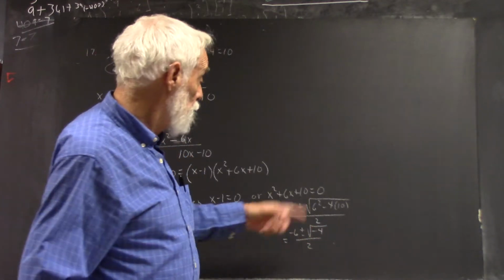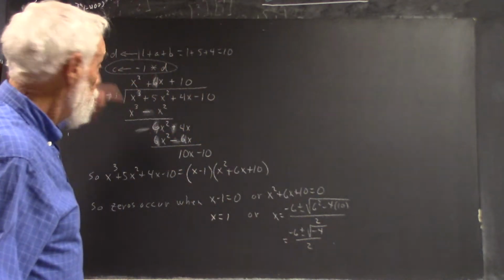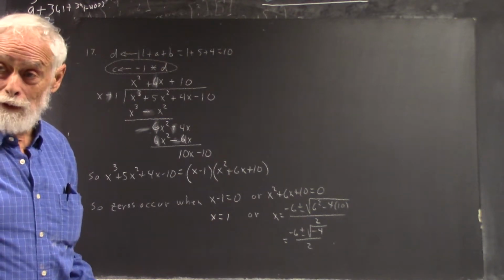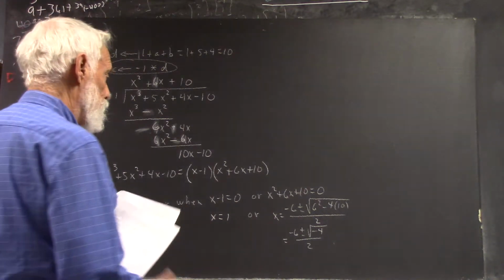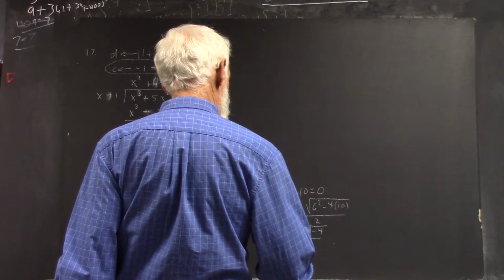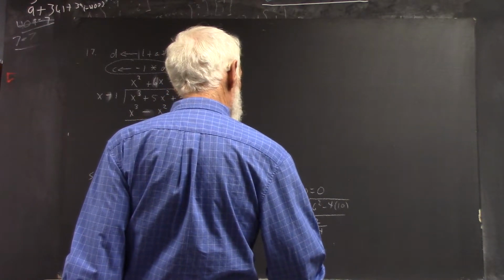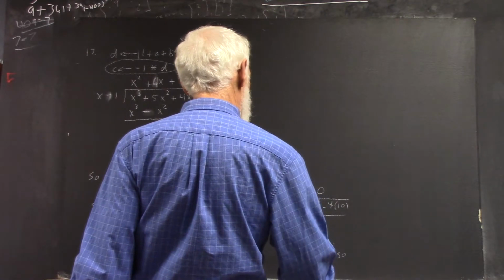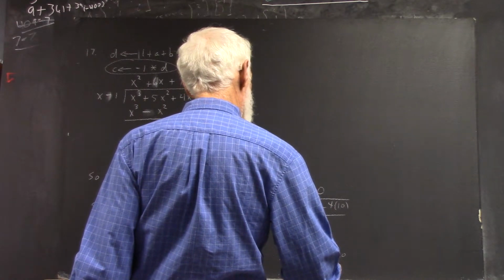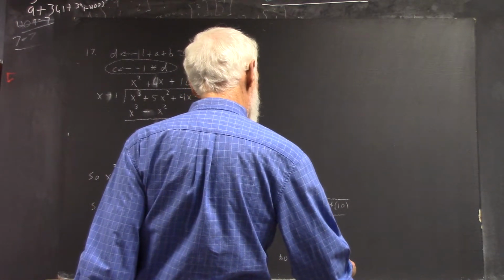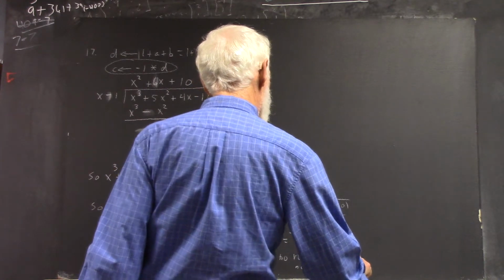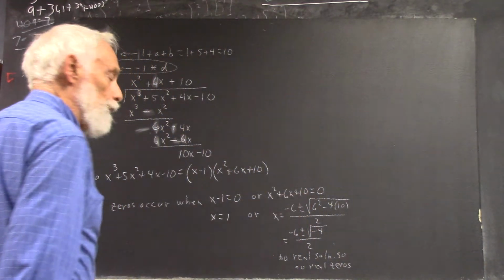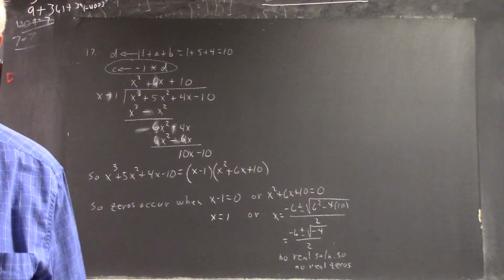And complex solutions don't give you zeros of real valued functions. Okay? So we say, not no solution, but no real solution. So you don't get any real zeros from this.